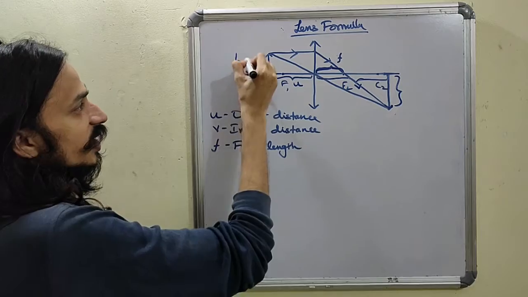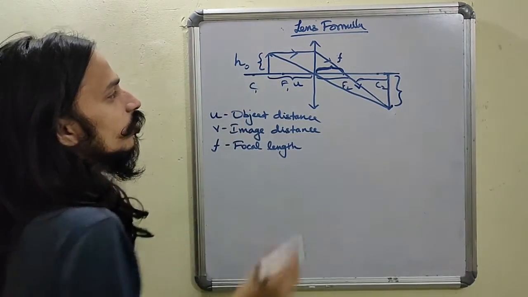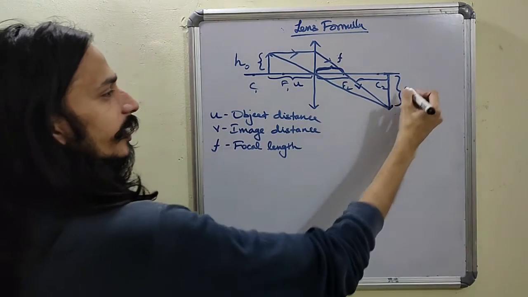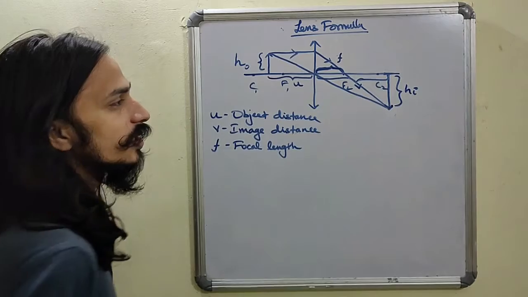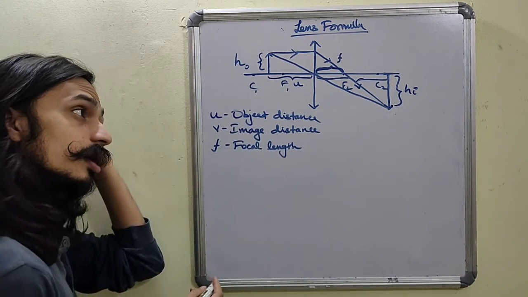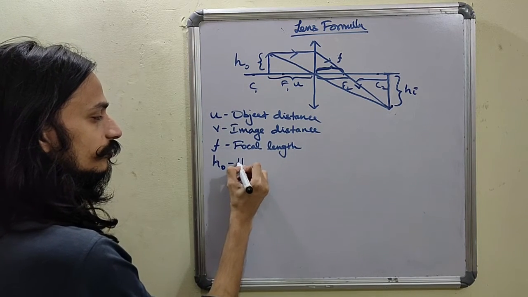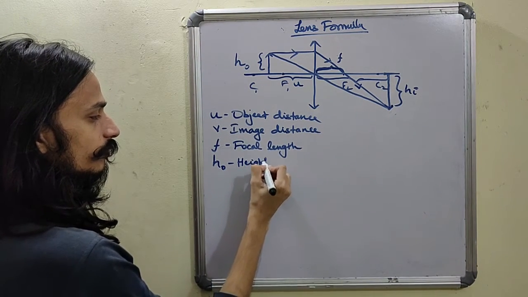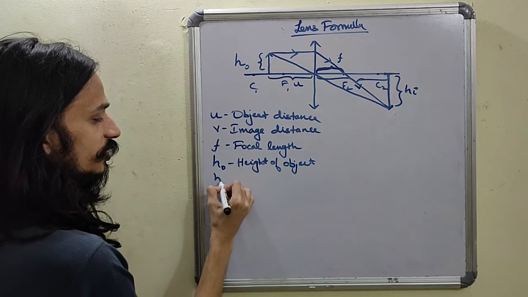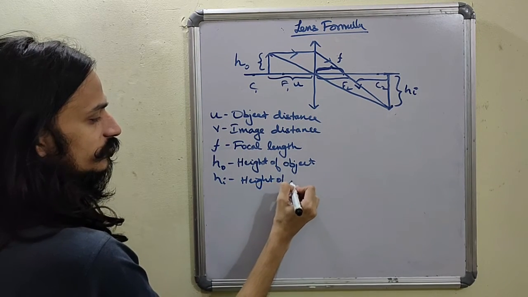Instead of size we say height, for tall. ho is height of object and hi is height of image, as simple as that. This is what I will write here: height of object ho and hi, which is height of image. Simple.